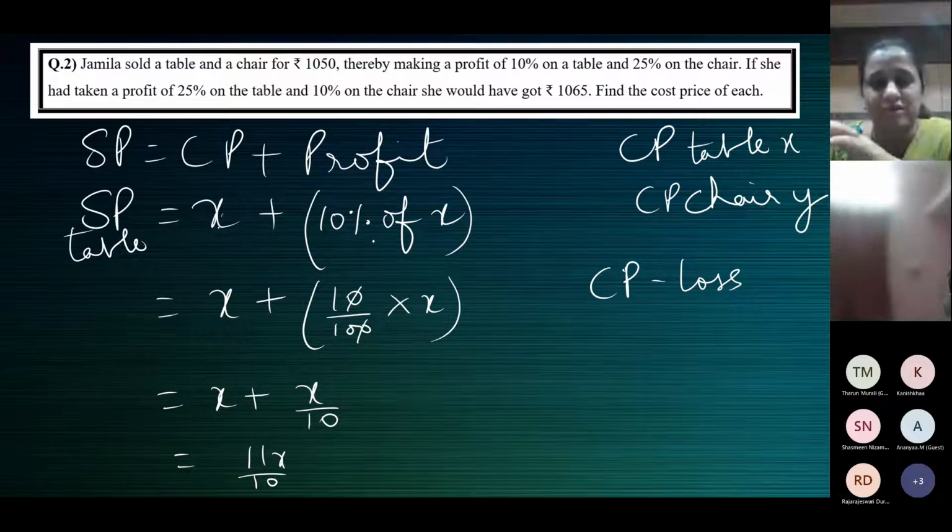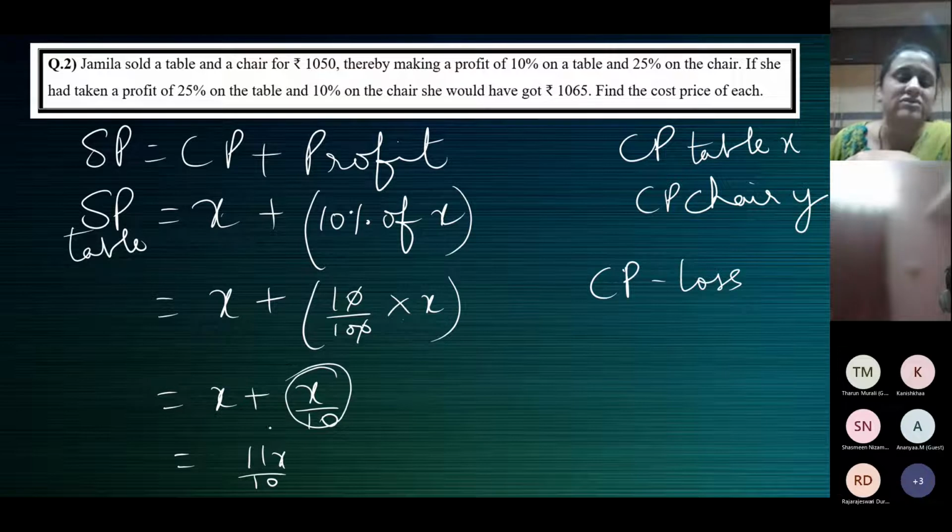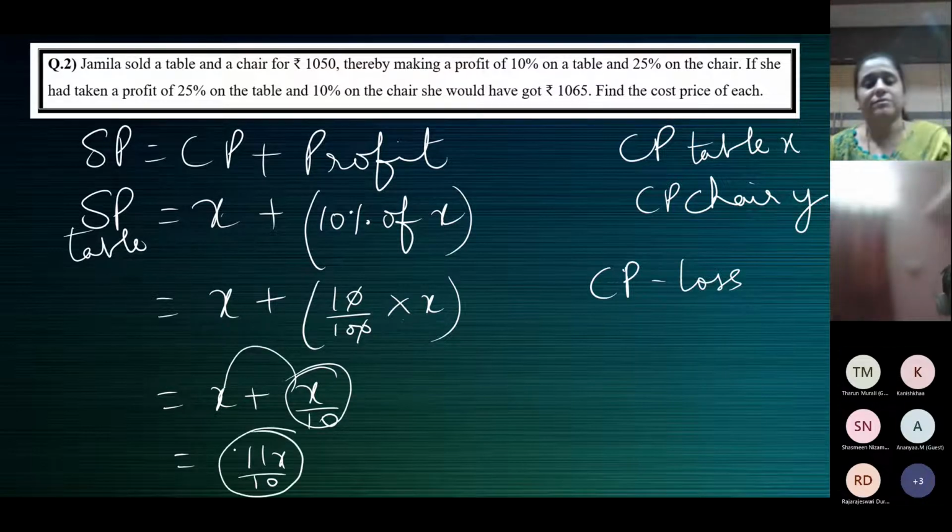Percentage should be calculated using some value: 10% of the cost price, X. So 10 by 100 into X is X by 10. X by 10 is only the profit margin. Add that to the cost price, and this is the selling price.